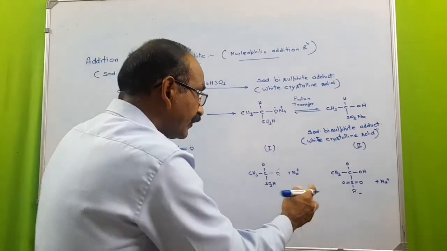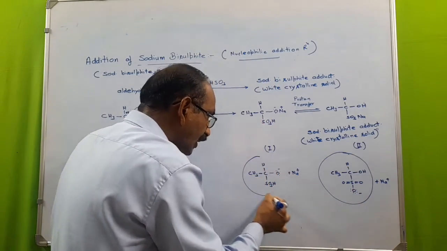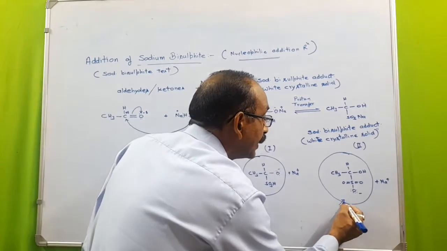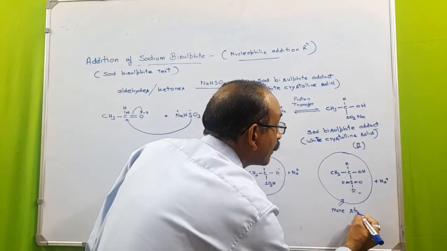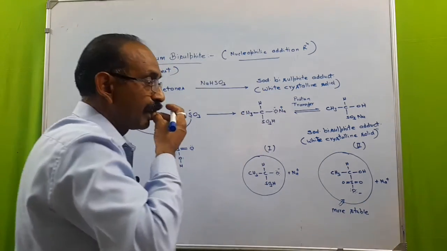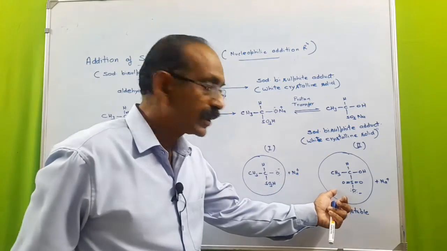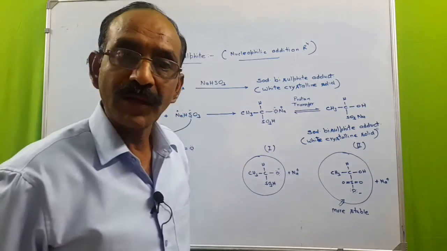If we compare the relative stability of these two anions, this anion is found more stable. So in order to obtain the more stable anion, proton transfer comes into existence.